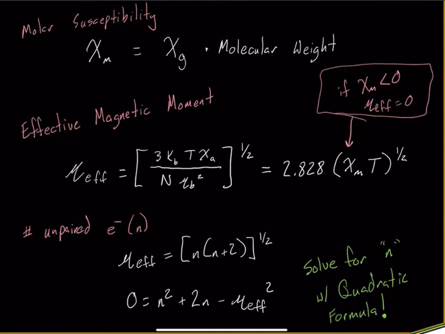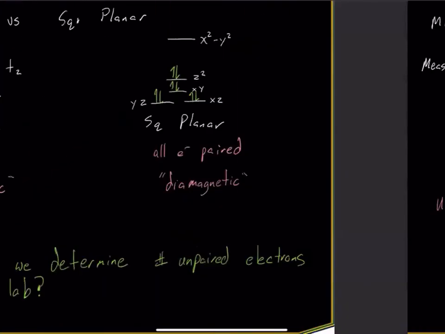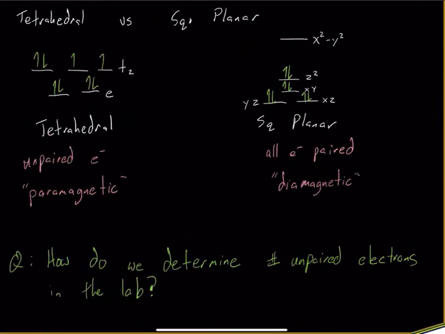All right. So now with this in hand, we could go back and look at our diagrams from way back here. And we can see that if we do this calculation and we end up with a value of n equal to 2, right, 2 unpaired electrons, that would support the assignment of a tetrahedral geometry.